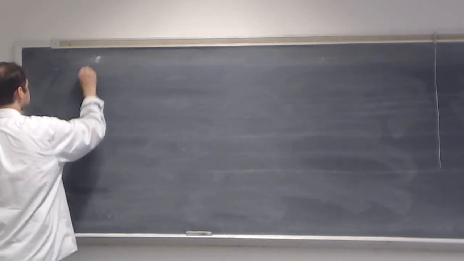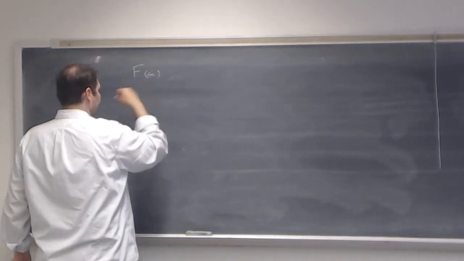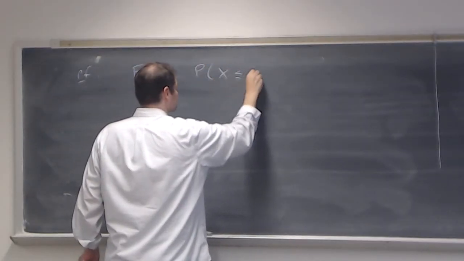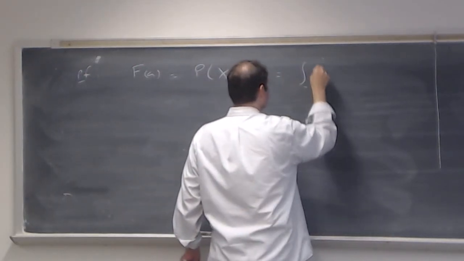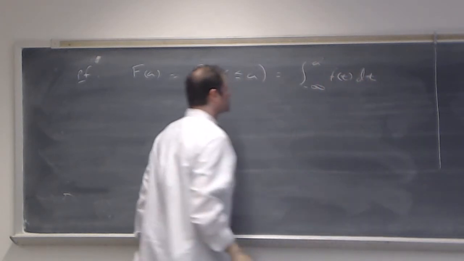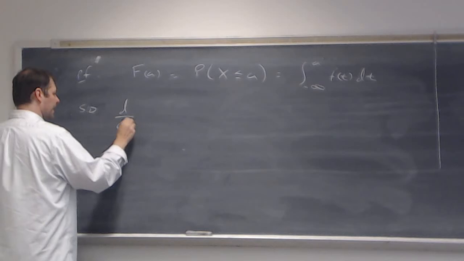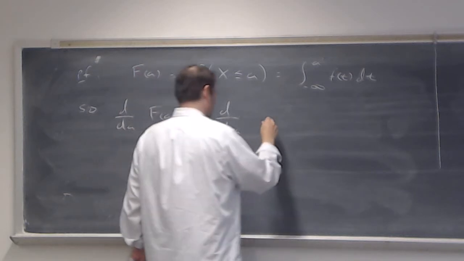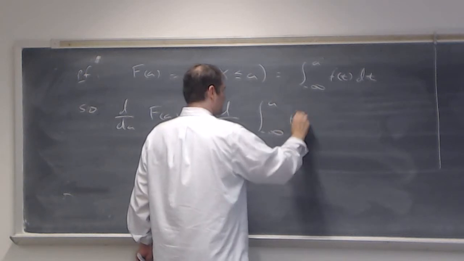Okay, so the proof, here's what we got. We got F of a is equal to the probability that X is less than or equal to a, which is equal to the integral from minus infinity to a of f of t dt. So, the derivative with respect to a of F of a will be equal to the derivative with respect to a of the integral from minus infinity to a of f of t dt.